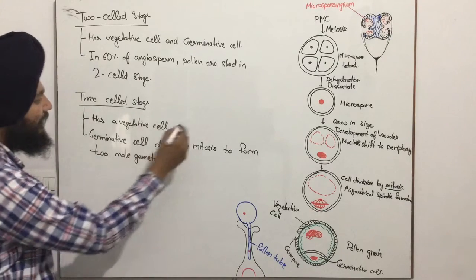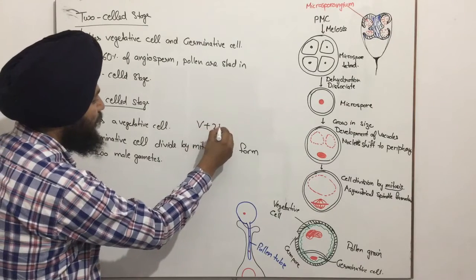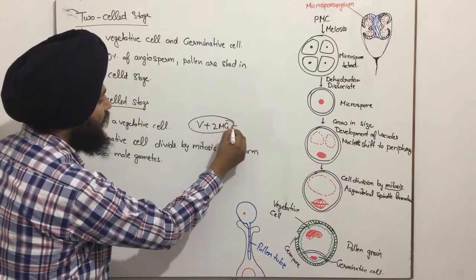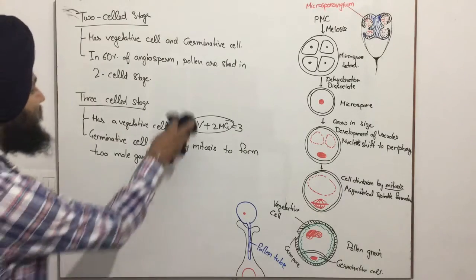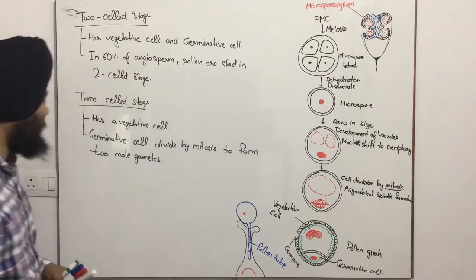Okay, so we have a vegetative cell plus two male gametes. So in total we have three cells. So this is called the three cell stage.